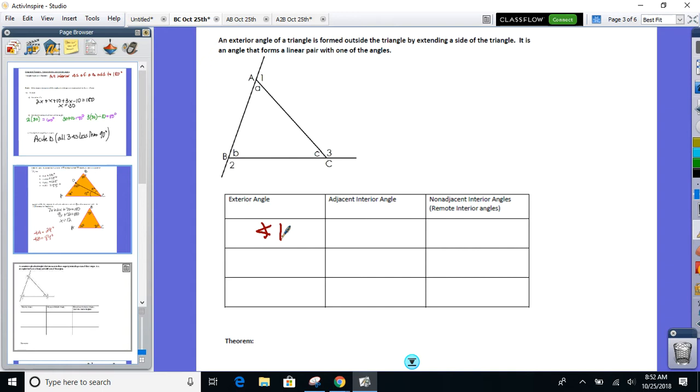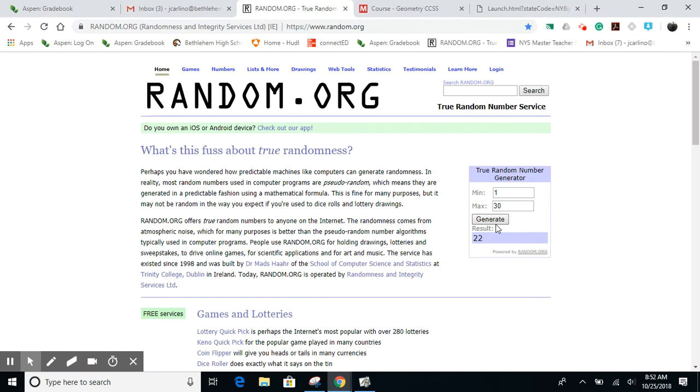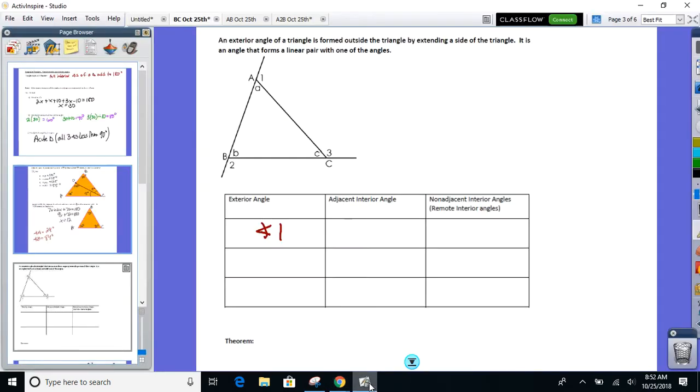Now, what I'd like to know is what's its adjacent interior angle. So the angle that's next to it, adjacent, but inside the triangle. So angle 1, what would be its interior adjacent angle? Angle, lowercase a.